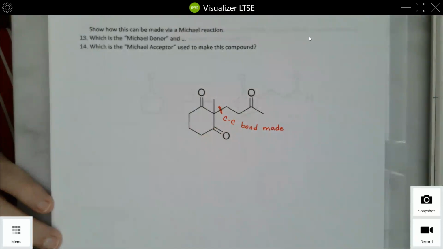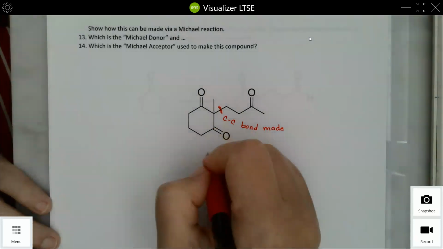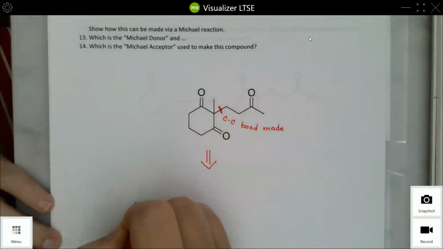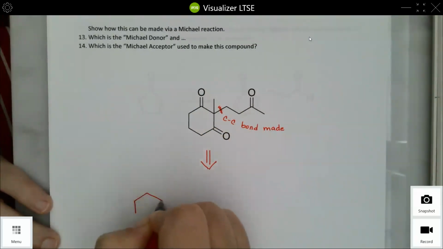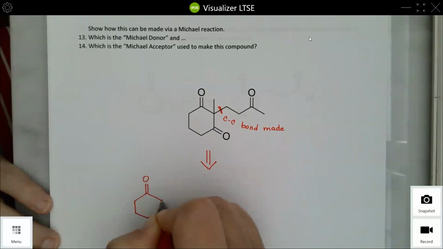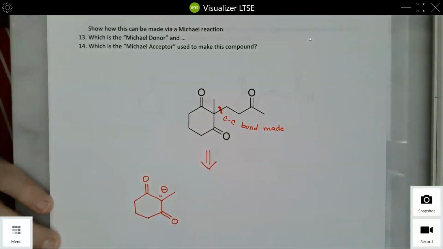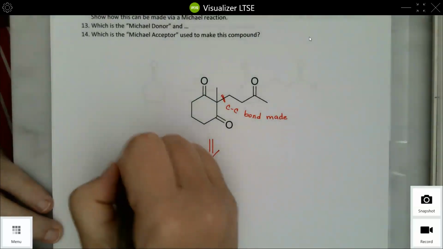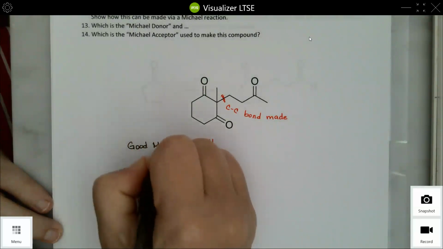So then that simplifies to two components. We have this enolate, and it's doubly stabilized. So this is a good Michael donor.